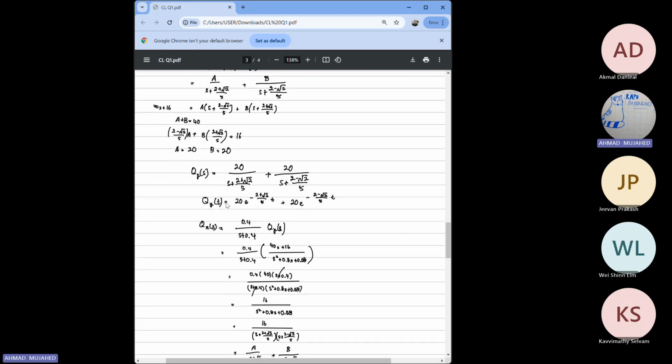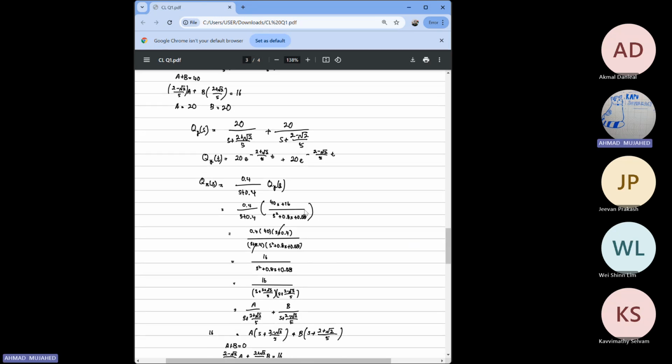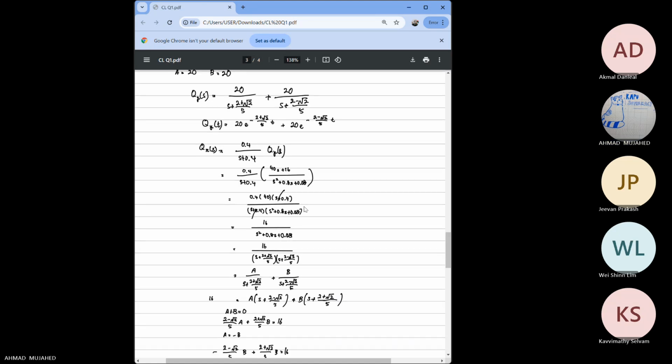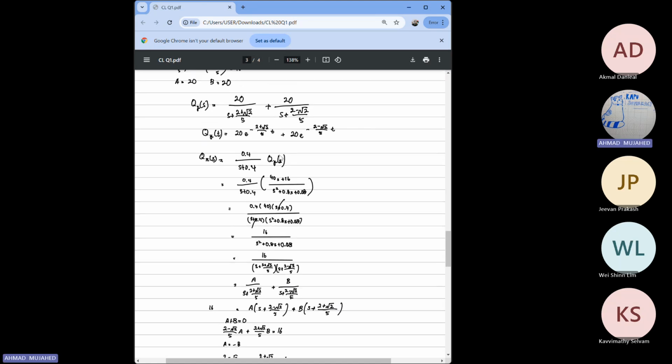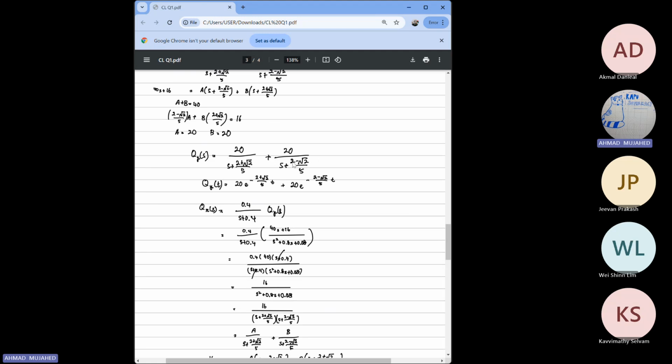And then they use epsilon, so e to the power of negative 2 plus root 2 over 5 t plus 20 e to the power of negative 2 minus root 2 over 5 t. Then they simplify it. This one we take from here.